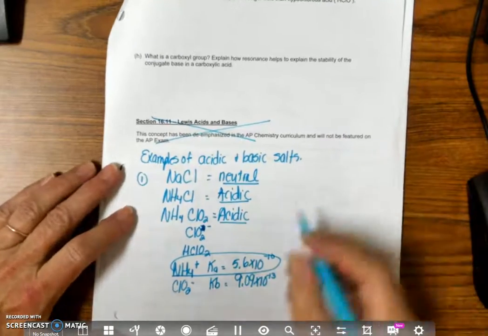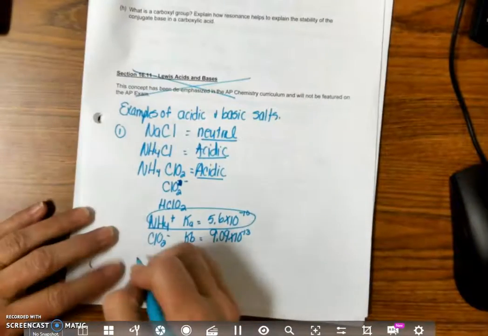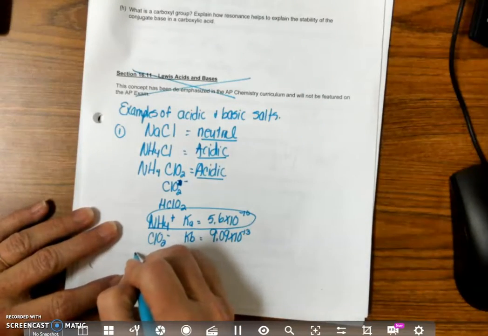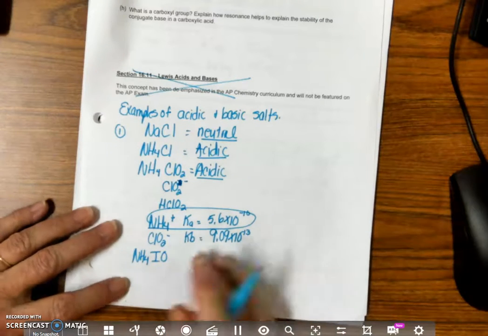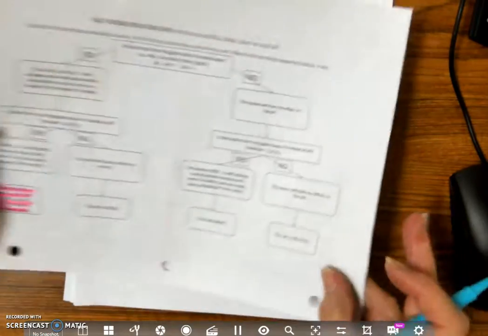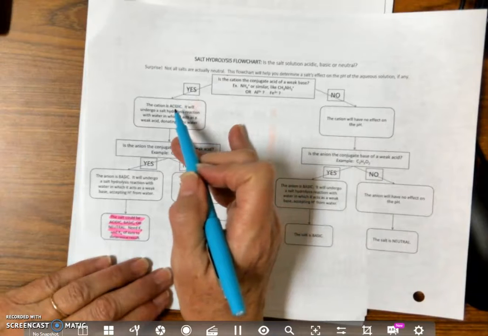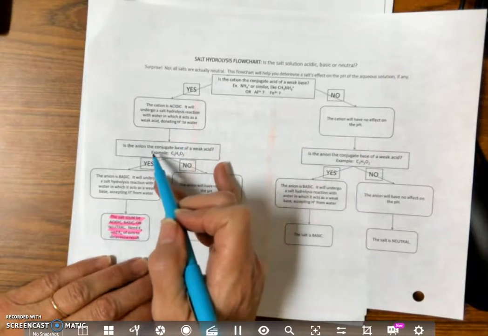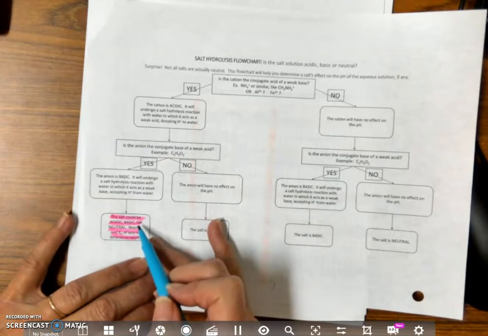Let's try one more, and then I'm going to have you work some examples. I made a little formative assessment for you to work through this. The best way is just to practice. All right. Now this one's, again, going to be over here. It's ammonium. We also have the conjugate base of a weak acid. But let's look at our Ka and our Kb for this one.